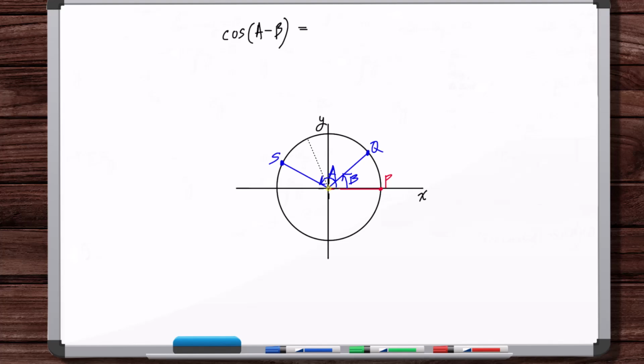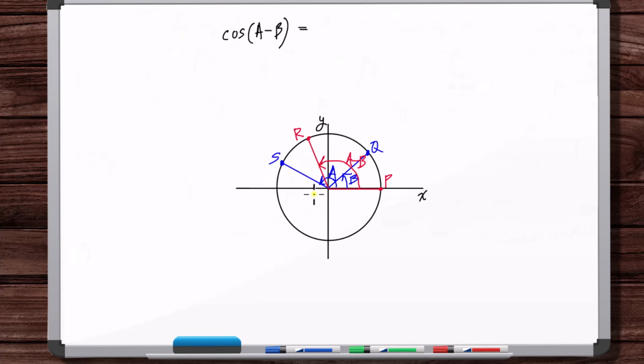We're about there. That is A minus B, intersecting the unit circle at point R.